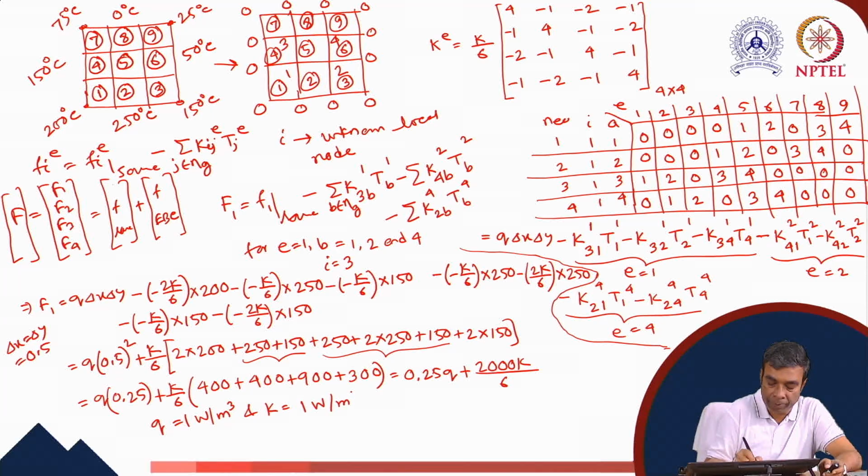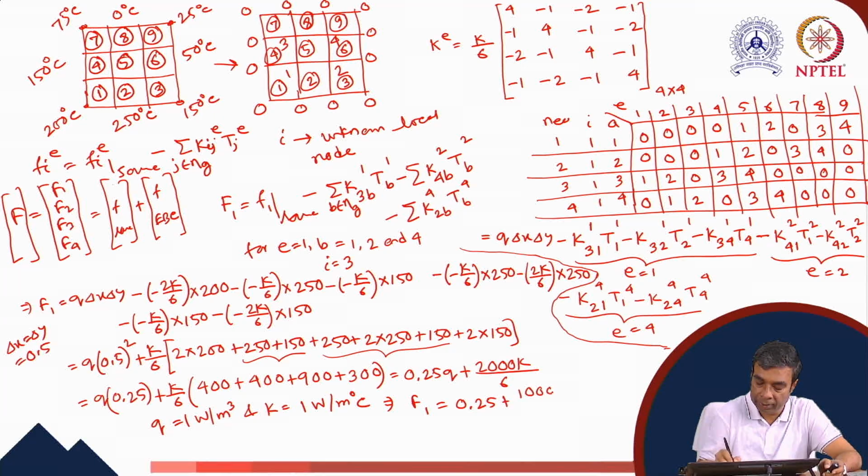per meter degree centigrade, this gives us F1 equals to 0.25 plus 1000 by 3.